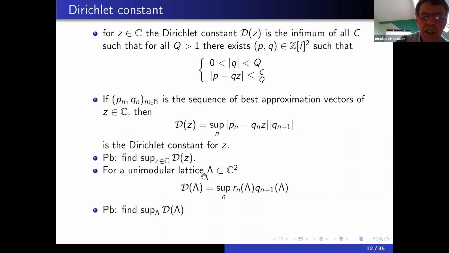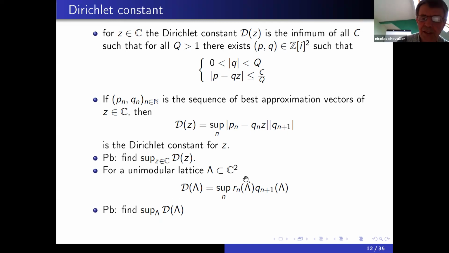A unimodular lattice in C2 is just a lattice such that you have a basis of this lattice, and the complex determinant of this lattice is 1, i, minus 1 or minus i.